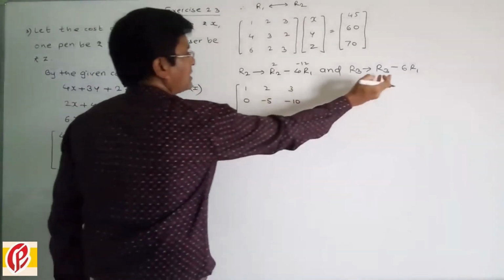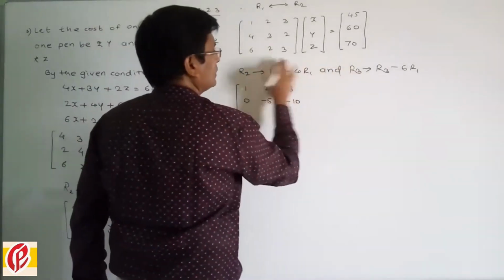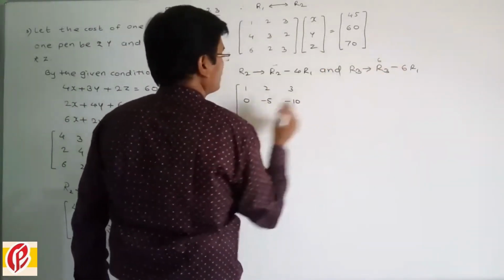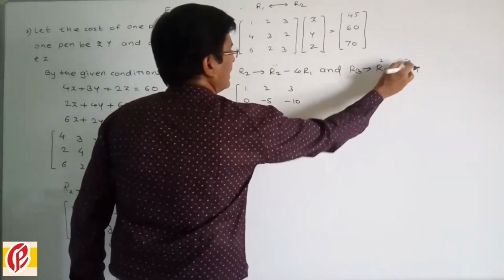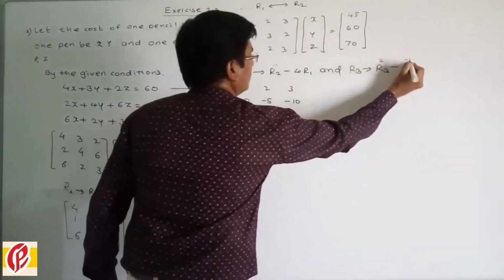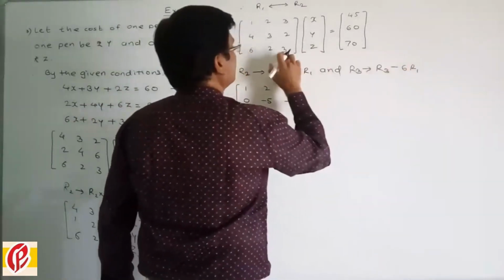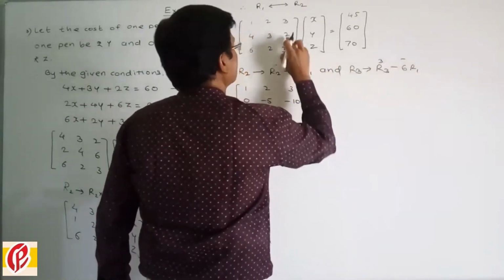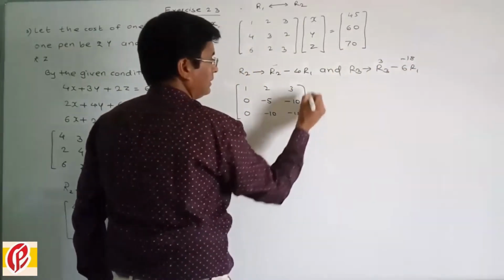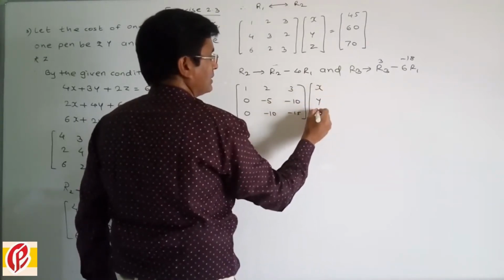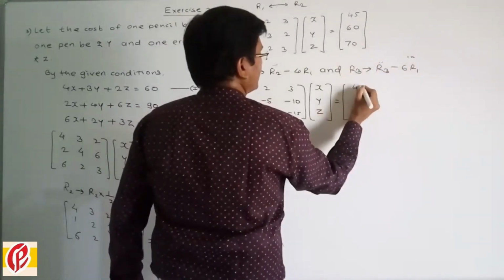Next, R3 changes to R3 minus 6 R1. So here 6 minus 6 times 1 is 0, then 2 minus 6 times 2 is 12, 2 minus 12 is minus 10, then 3 minus 6 3s are 18, so 3 minus 18 is minus 15, into X, Y, Z, is equal to 45 as it is.